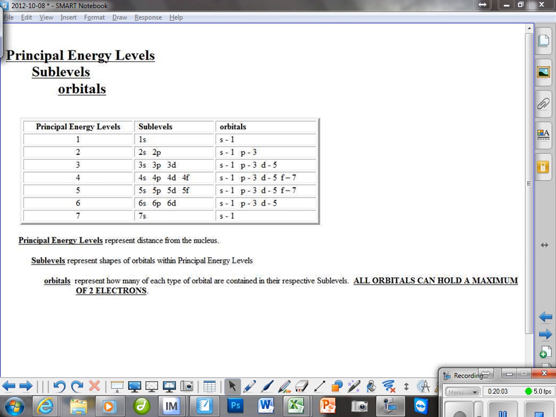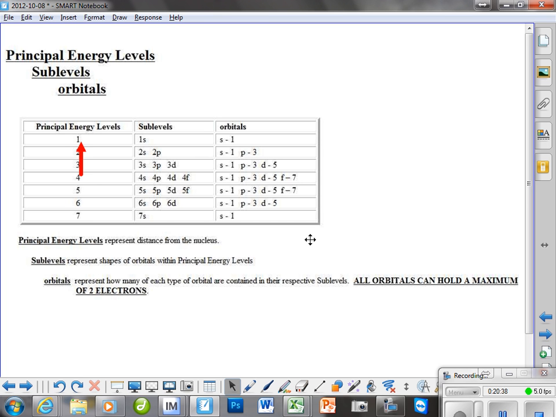This little chart that I had you print last night is exceptionally helpful because it gives you an overview of what the different principal energy levels are and the sublevels within them. Let's get another arrow in. Looking here at principal energy levels and sublevels, you'll notice an increase as we go up.